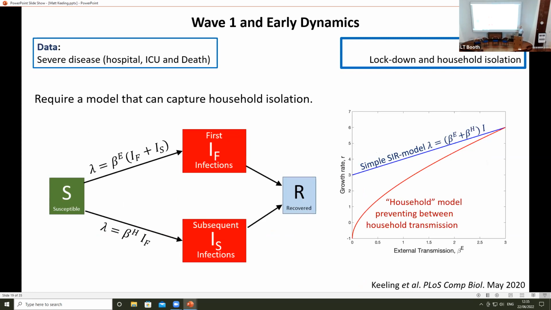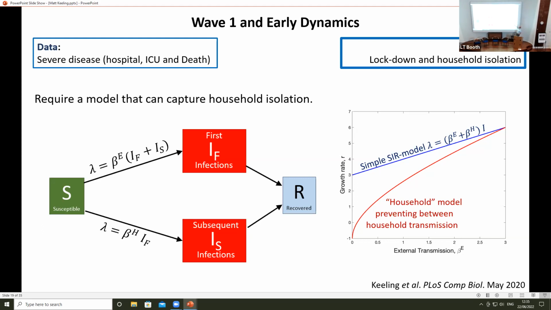Problem is, if you just put that into a standard SEIR type model and you start ratcheting down the level of external transmission, which is what's shown on the x-axis, you'll just get a reduction in the growth rate. But because we're not explicitly modelling households, and maybe this is where we should go to an IBM type approach, the fact that there's a lot of mixing between adults within households percolates out, so there's just a lot of transmission within the models.